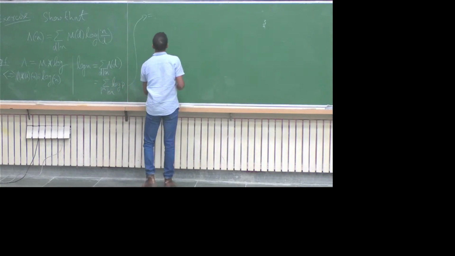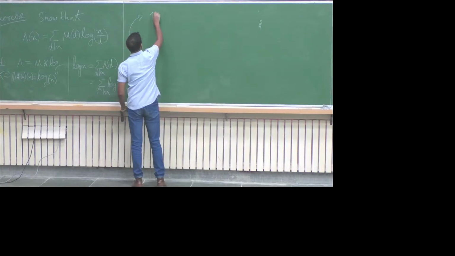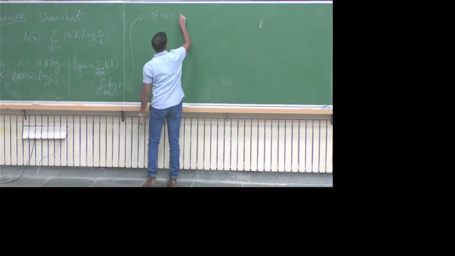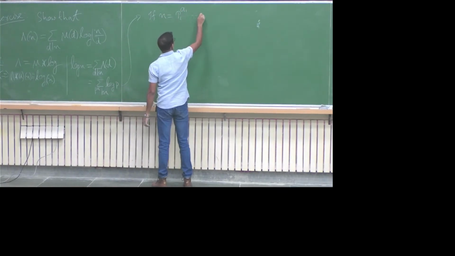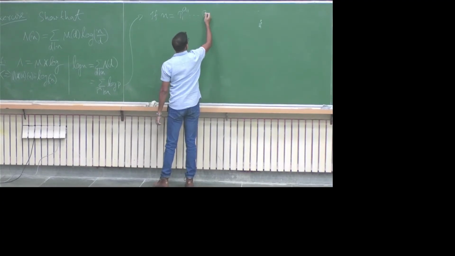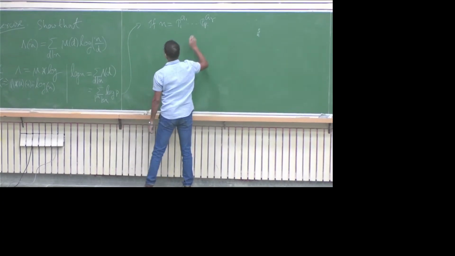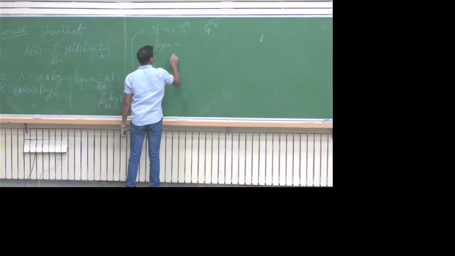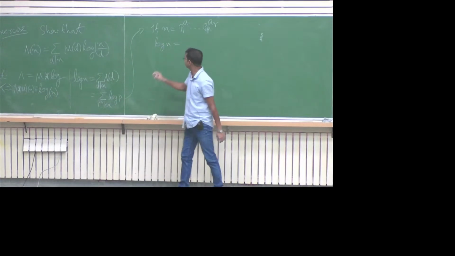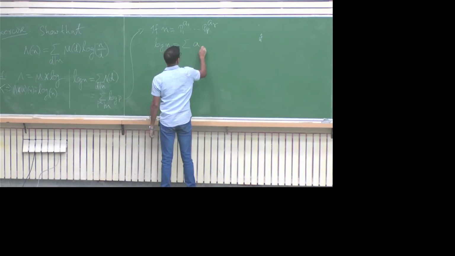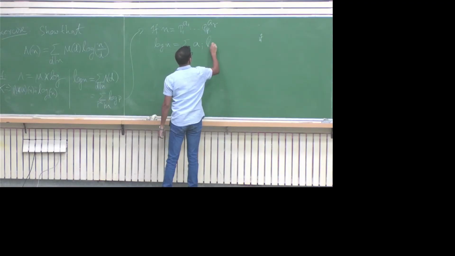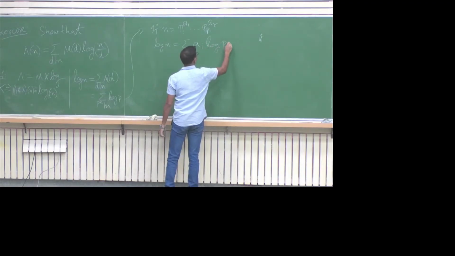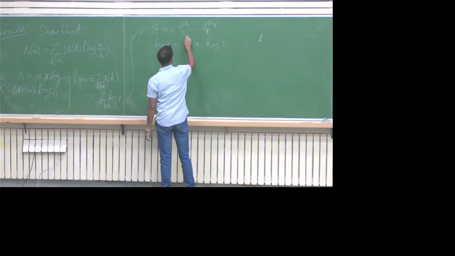So that means if n is equal to p1 power a1 up to pr power ar, say, then log n. Well, at first, just look at this. What is log n? Log n is the summation of ai log pi, i from 1 to r.